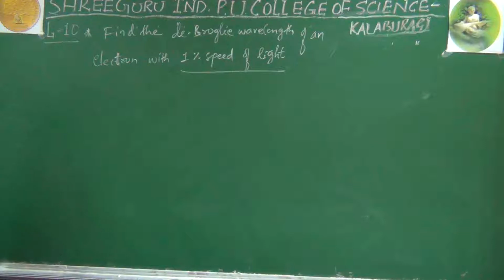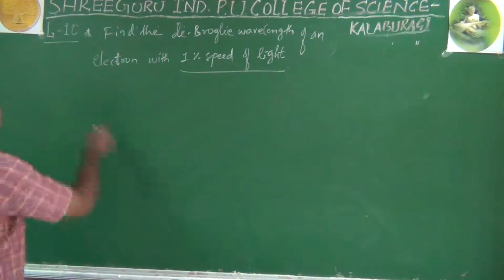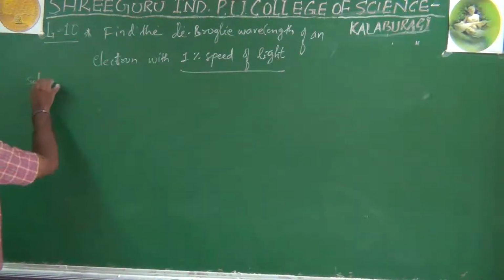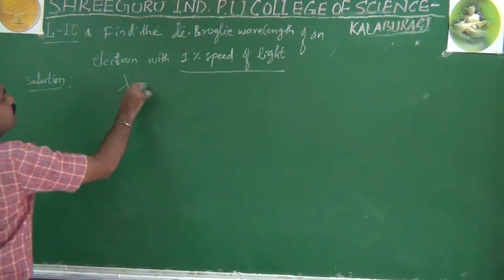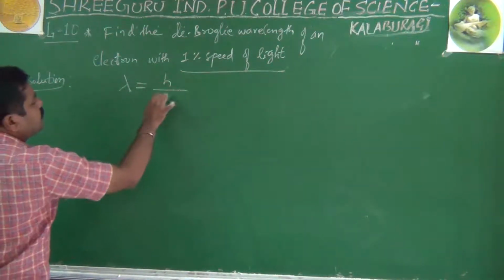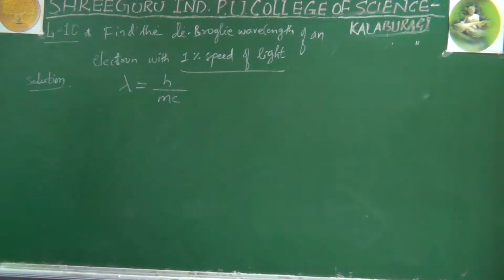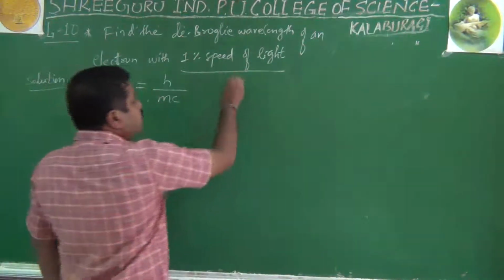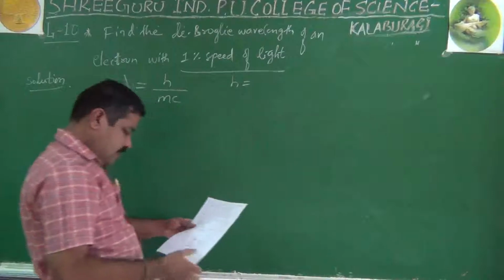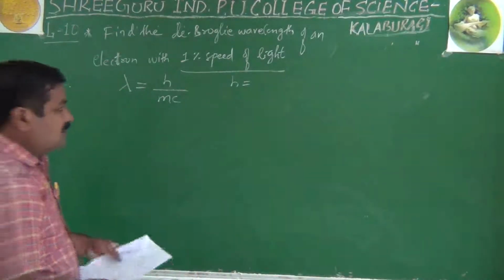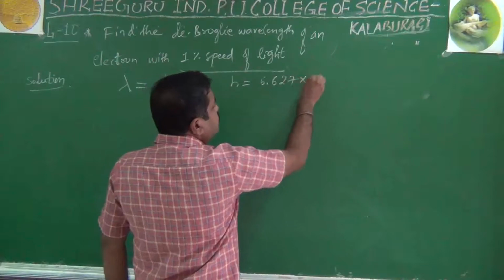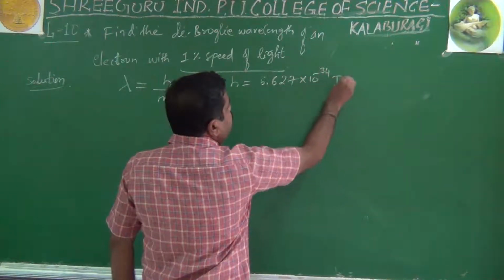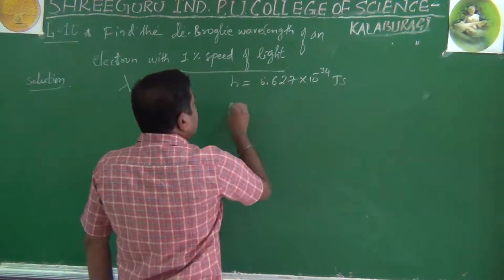Now to calculate de Broglie wavelength. Simple, students. Solution: you know that de Broglie wavelength is given by lambda is equal to h by m into c, right? h is Planck's constant, as usual, you have to take the same value, 6.627 into 10 raised to minus 34 joule second.